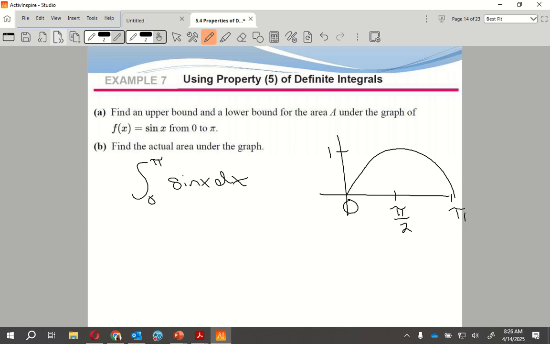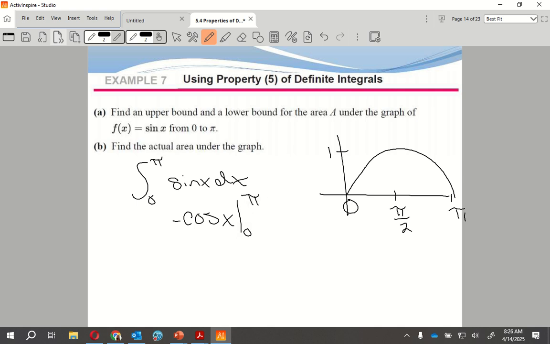So the integration of sine gives me... Faye, what is the integration of sine? Negative cos. Very good. Negative cosine x from 0 to pi.